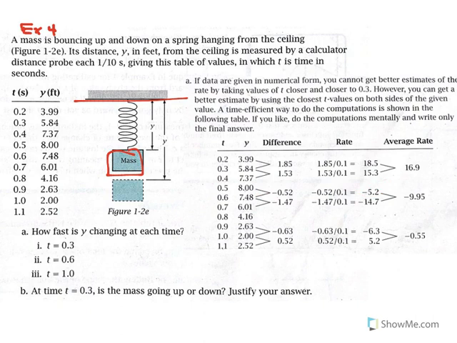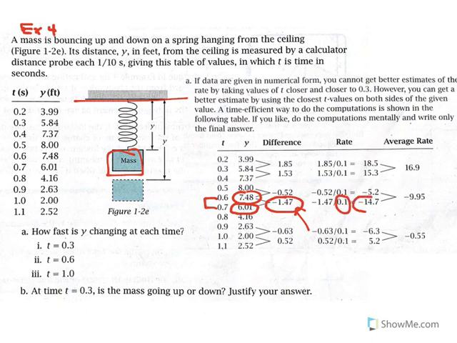And then we do the average rate of change of the distance with respect to time on the time interval from 0.6 to 0.7 seconds. So again, find the change in distance by subtracting 6.01 minus 7.48, which gives us a change of negative 1.47 feet, and divide that by the change in time, which is 1/10 of a second.